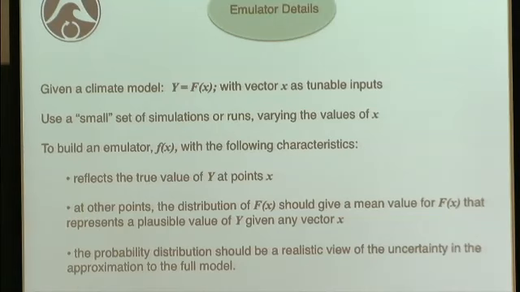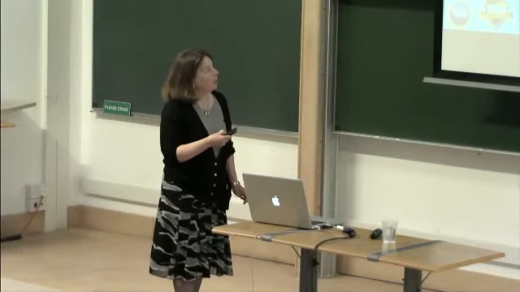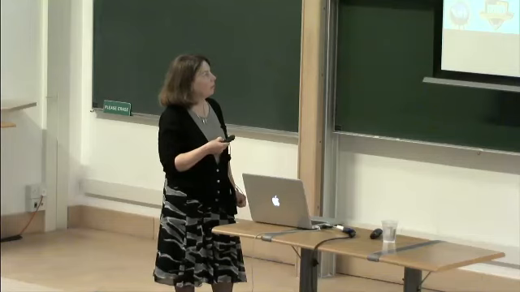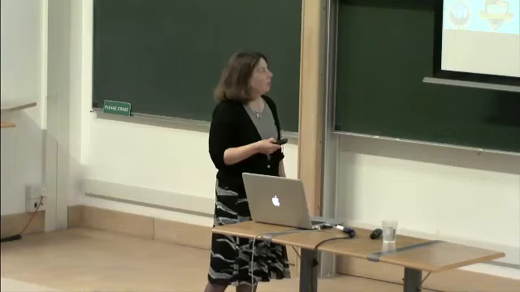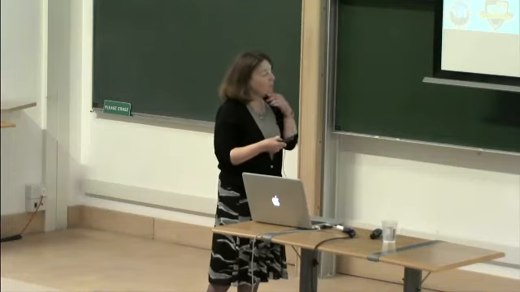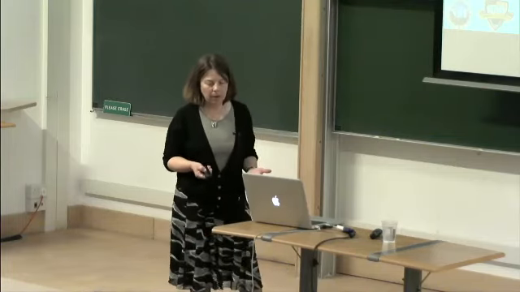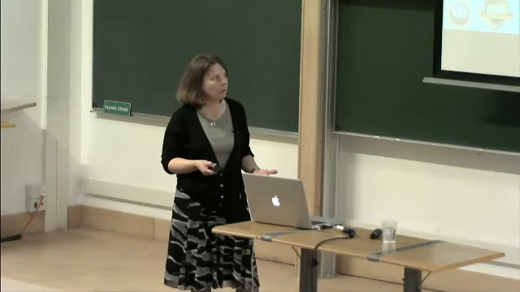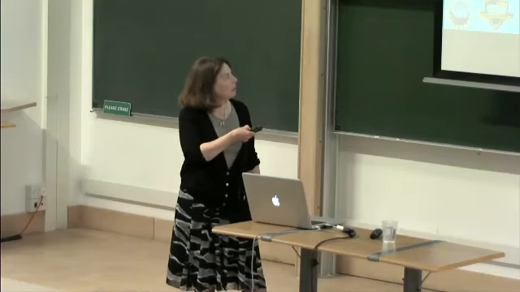It has to have the following characteristics: at the points x where we have runs, it should reproduce the true value of y, and at other points, the distribution should give a mean value that represents a plausible value. And also the probability should be a realistic view of the uncertainty in the model. For example, if you got some PDF that was a bimodal distribution, and from previous knowledge you thought that's not realistic, then it would fail this last criterion.